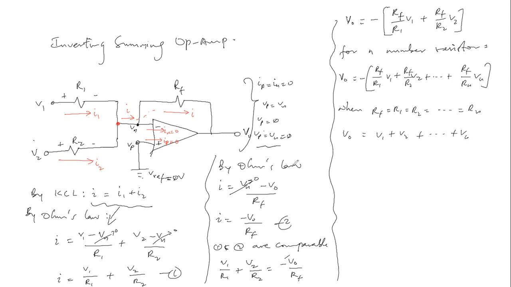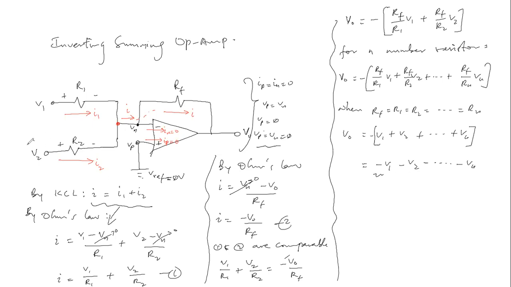Hence, the output voltage V naught will be negative, please note the negative sign. Hence, the output voltage is seen to be the sum of the phase-shifted input voltages, because this is negative V1, negative V2, all the way to negative Vn. So these are all phase-shifted.